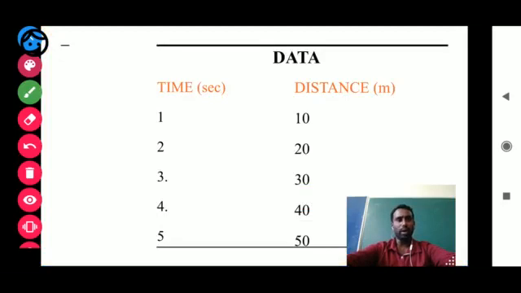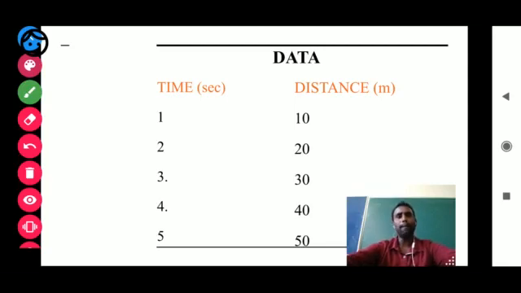So here I took one data set. Time is in seconds, distance in meters. For 1 second, it covers 10 meters. For 2 seconds, it covers 20 meters. For 3 seconds, 30 meters. 4 seconds, 40 meters. 5 seconds, 50 meters. So here I mentioned one table of data.